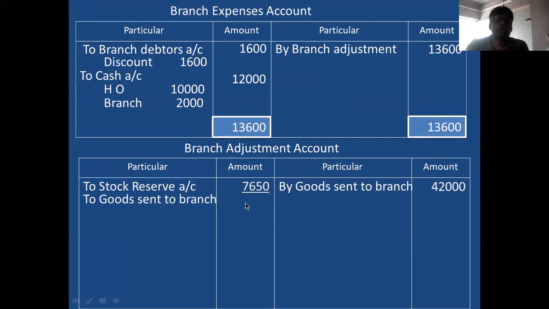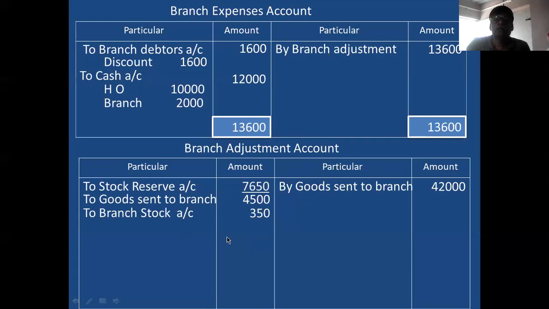Then goods sent to branch return 4,500, at 25%. To branch stock account, 350 loading on the 1,400. On 1,400, 25% is 350.